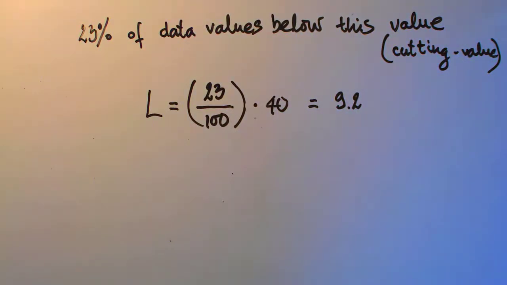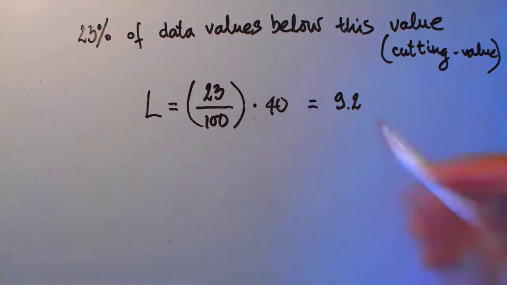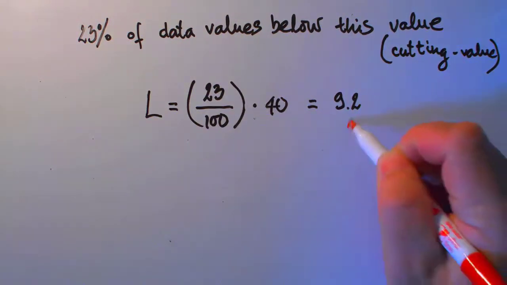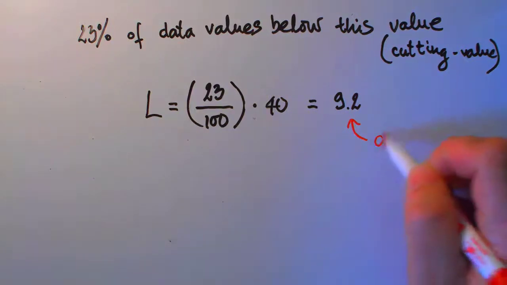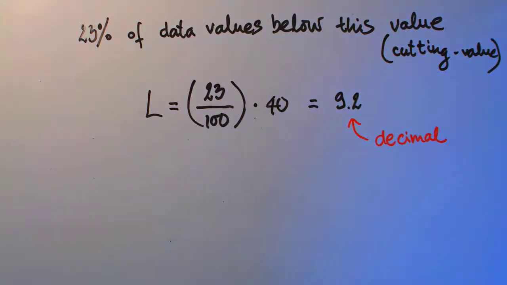Notice that this locator, coming right out of the calculation through the formula, immediately turns into a decimal. A formula set up like this can often give a decimal, and other times it's going to give a whole value.